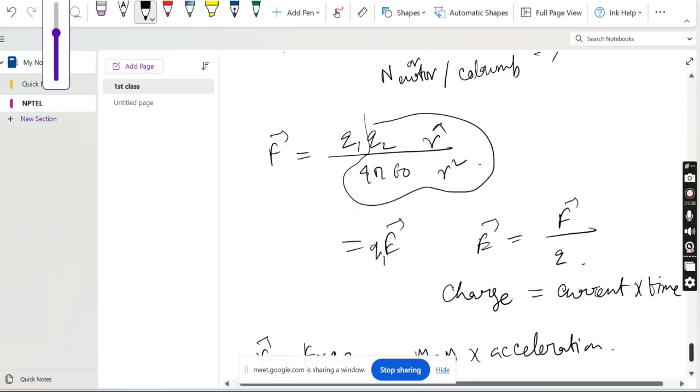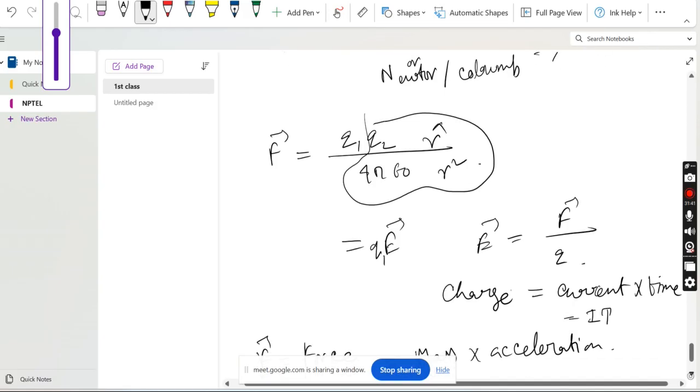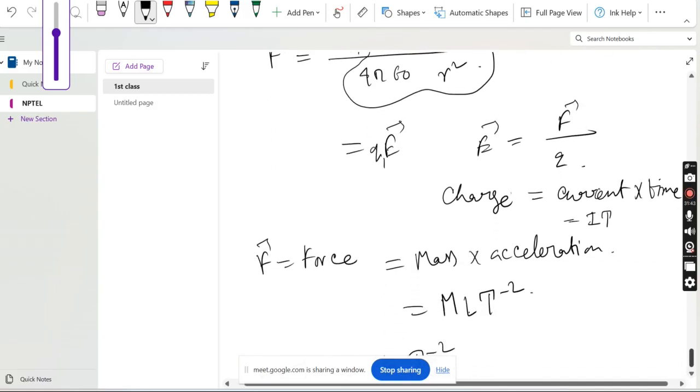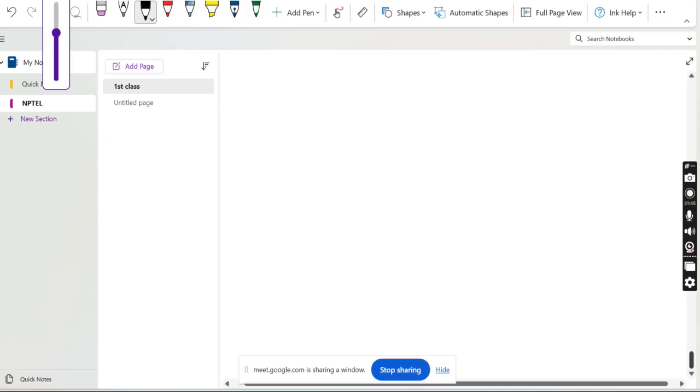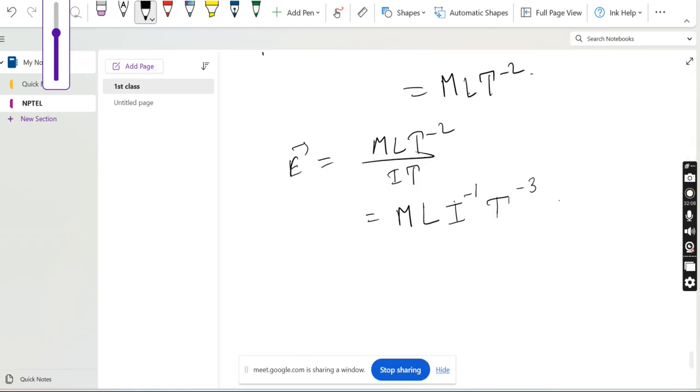Charge is current into time, so this will be I T. So the dimension for the electric field will be M L I to the power minus 1 T to the power minus 3. This is the dimension for electric field.